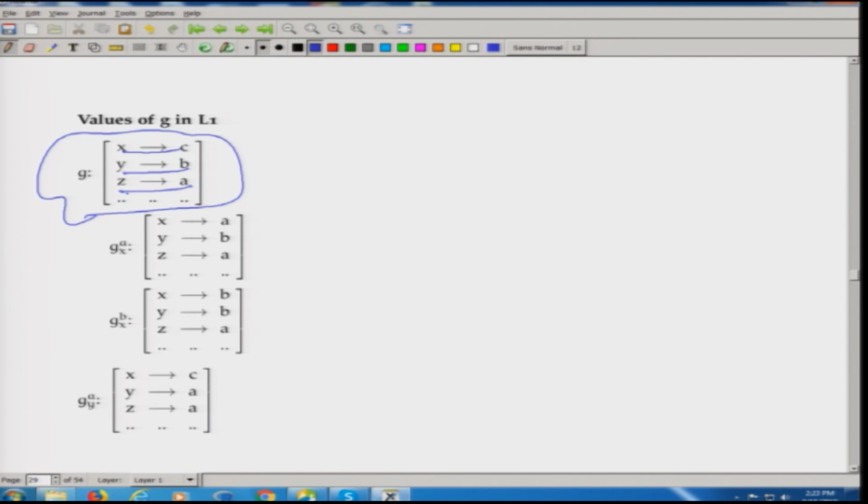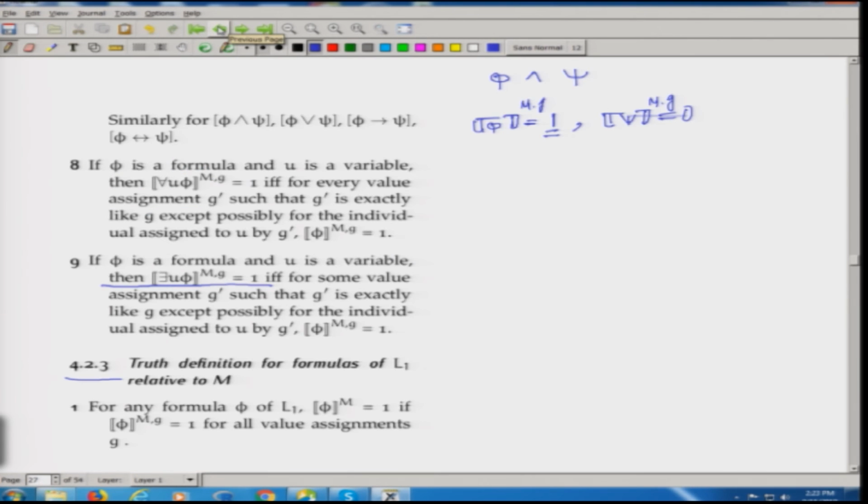What is G prime? If you remember, the definition of G prime is value assignment G prime such that G prime is exactly like G except possibly, very important word, except possibly for the individual assigned to you by G prime.